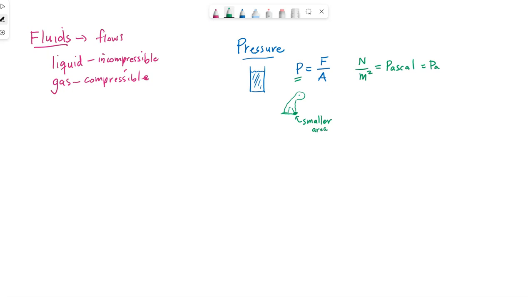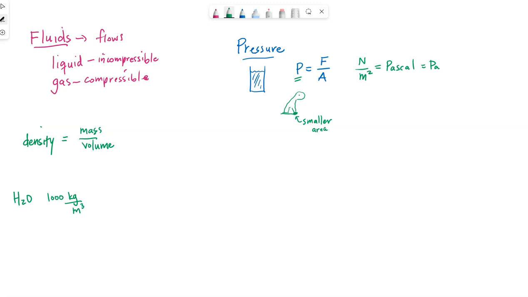Now, another concept we need to be familiar with is density. This is called mass density. It's the mass per volume. Density is something that's unique to the material. So for example, water, H2O, has a density of 1,000 kilograms per cubic meter.